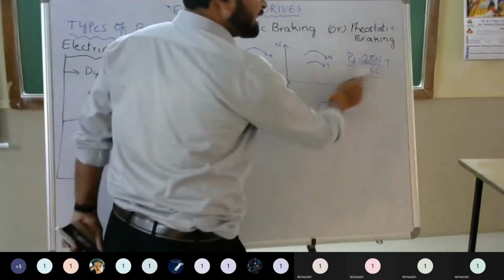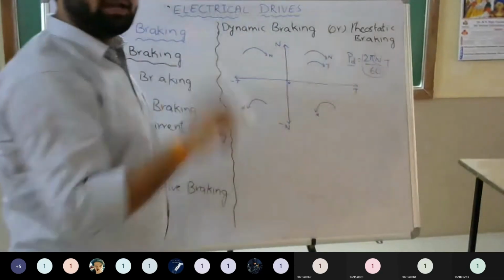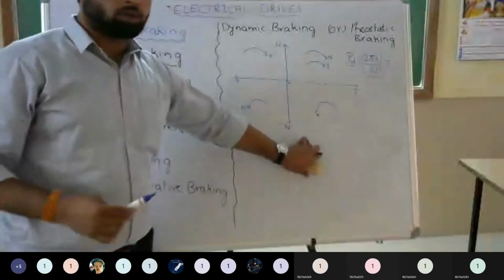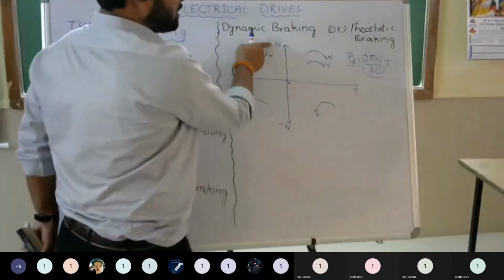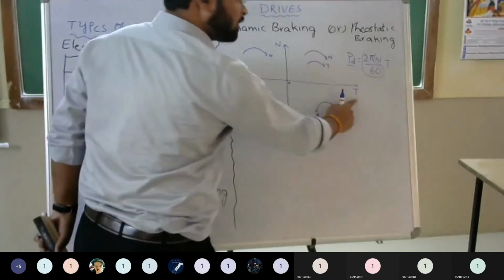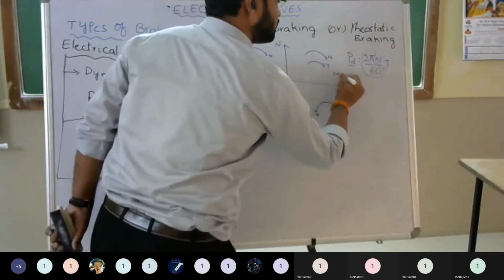When speed or torque is negative, power will become negative. At that time we are stopping the motor, braking the motor. So this part is very easy to remember. Wherever speed is positive and torque is positive, power is positive.